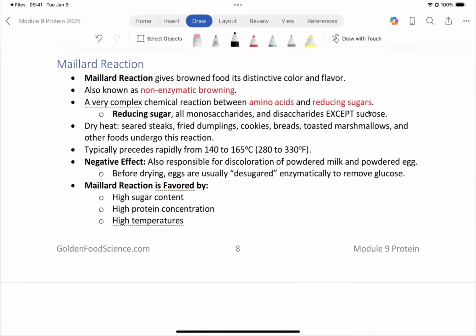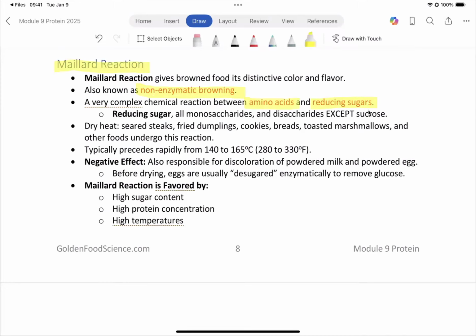So the Maillard reaction, one of our favorites, right? Because it makes things taste good and look pretty. It is also known as non-enzymatic browning. That's the same thing, just 2 names. It's a very complex, so that means we don't need to know it, chemical reaction between amino acids and reducing sugars.